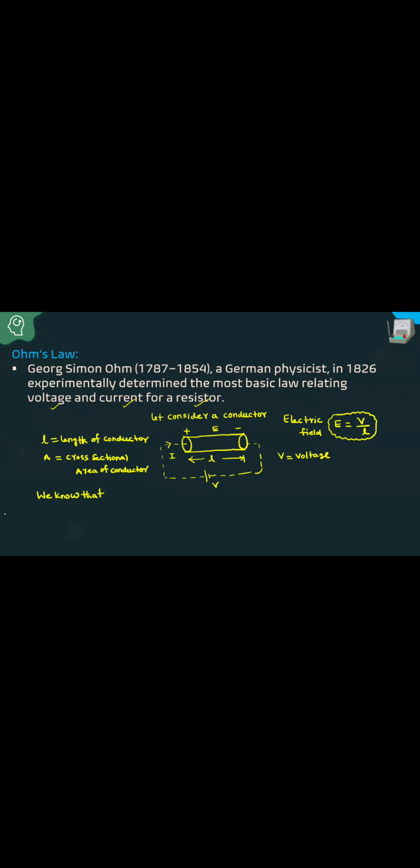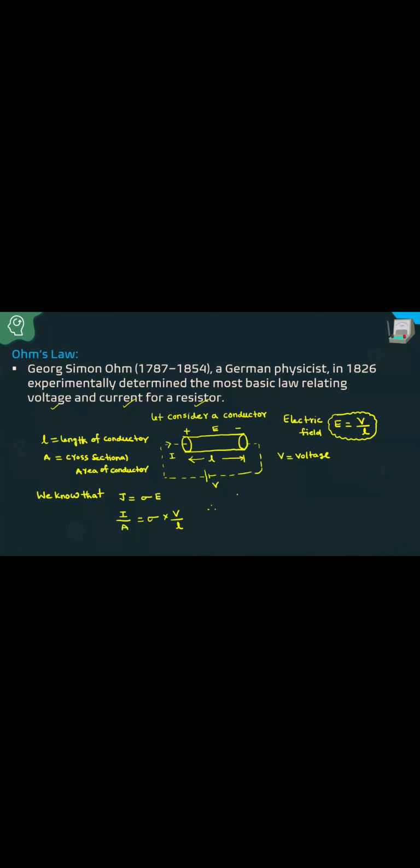Then we know the first form of Ohm's law. What is the first form of Ohm's law, students? J equal to sigma E. This was already given in the previous session. J is the current density, current per unit area, sigma into E, which is voltage per unit length.